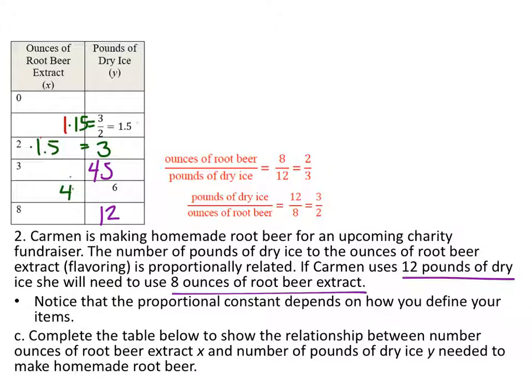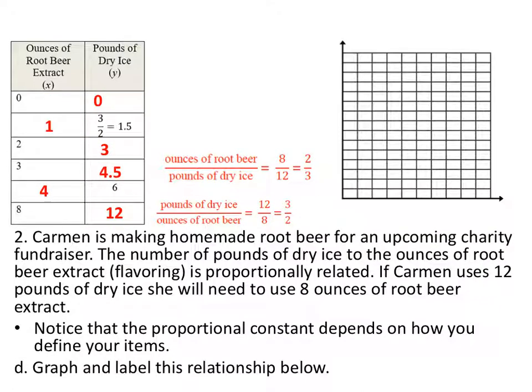So I can see right here that my proportional constant is 1.5. So I'm multiplying all the x values by 1.5. And I would multiply 0 by 1.5 to get that y value, which is 0. So if you have 0 ounces of root beer extract, it would take 0 pounds of dry ice to make the homemade root beer. Take 1 minute with your neighbor and graph the relationship.